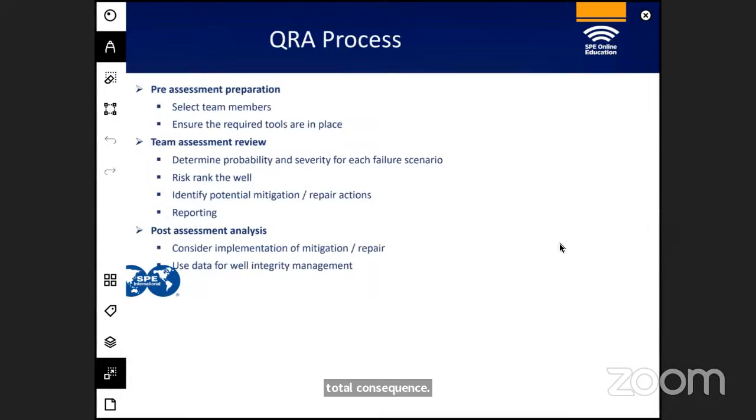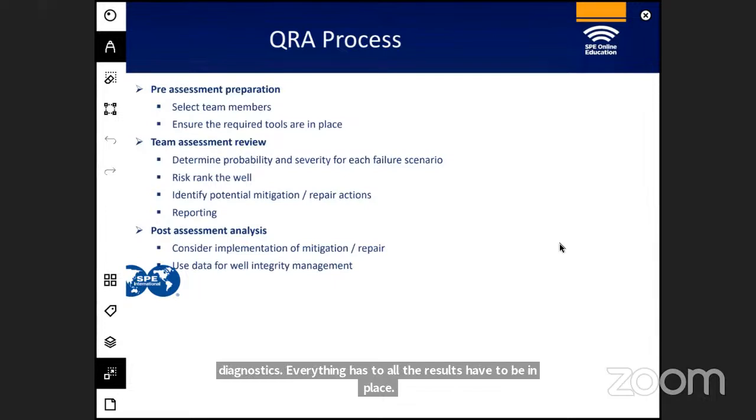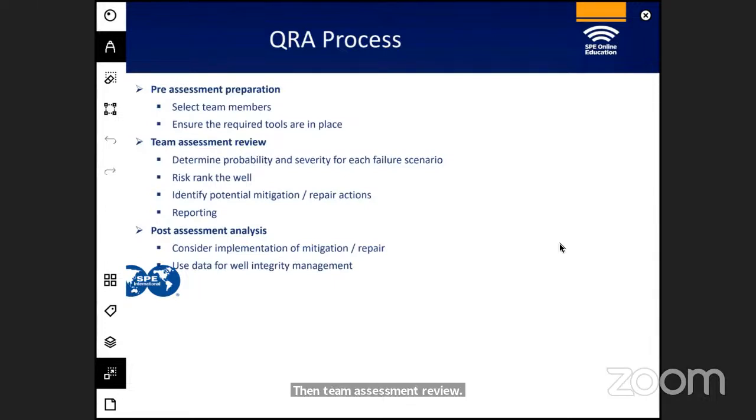So quantitative risk assessment will involve a pre-assessment preparation, wherein we'll select a team and ensure that the required tools are in place. Maybe we require a software, or we require certain diagnostics. All the results have to be in place. Then team assessment review will involve determination of probability and severity of each failure scenario.